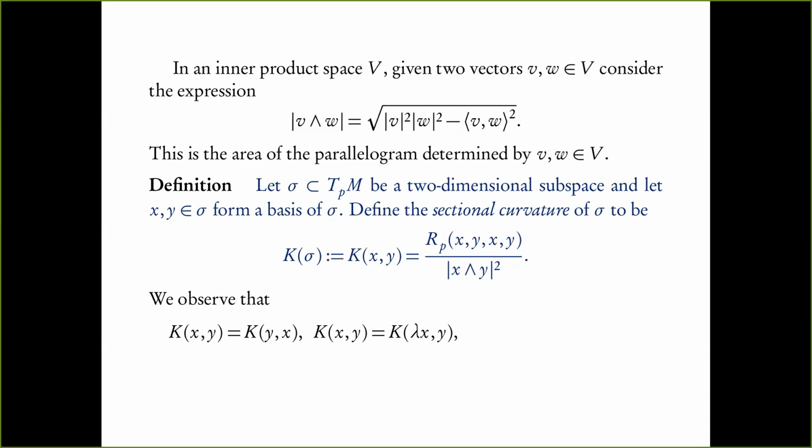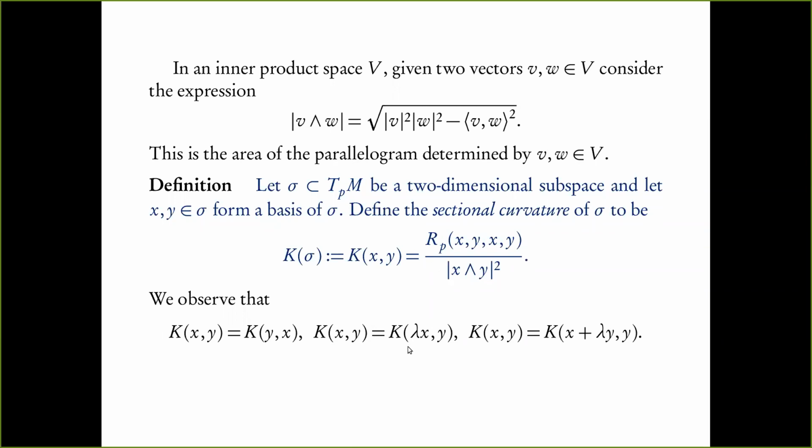Again, lambda squared is going to come out, because x gets replaced by lambda x, so you get lambda squared times the absolute value of x wedge y, squared. So the lambda squared cancels. So K also has this extra property that if I scale any one of these entries, x by lambda or y by mu, it's the same old K. That's what this area of the parallelogram was designed to do.